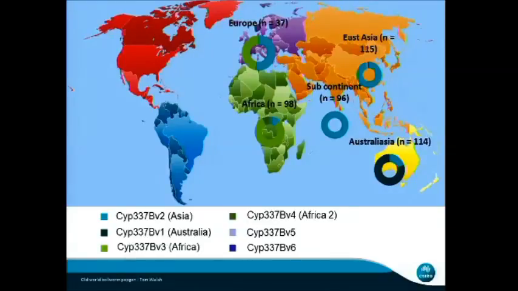And interestingly, if you look in the cotton growing regions and compare that to northern Australia, you get a higher frequency of these, what we call Asian alleles, in inverted commas, in northern Australia than we find in the cotton growing regions, suggestive of some sort of move, particularly when you look at the frequencies of resistance alleles, or the different types of resistance allele on the subcontinent and in East Asia.